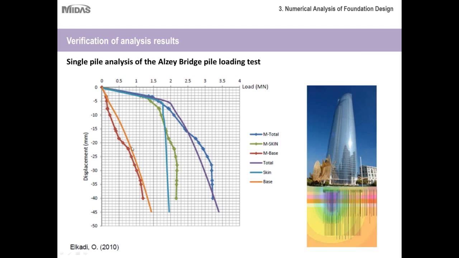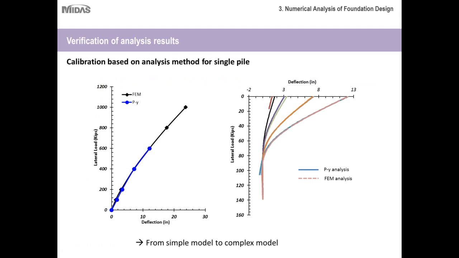If they are not matching, this means that you have to calibrate your model by changing the constitutive material properties, and comparing the results by controlling the interface properties. And this is what you can obtain from PY analysis and FEM analysis. FEM means numerical model or finite element analysis, and you can see that these curves are matching.